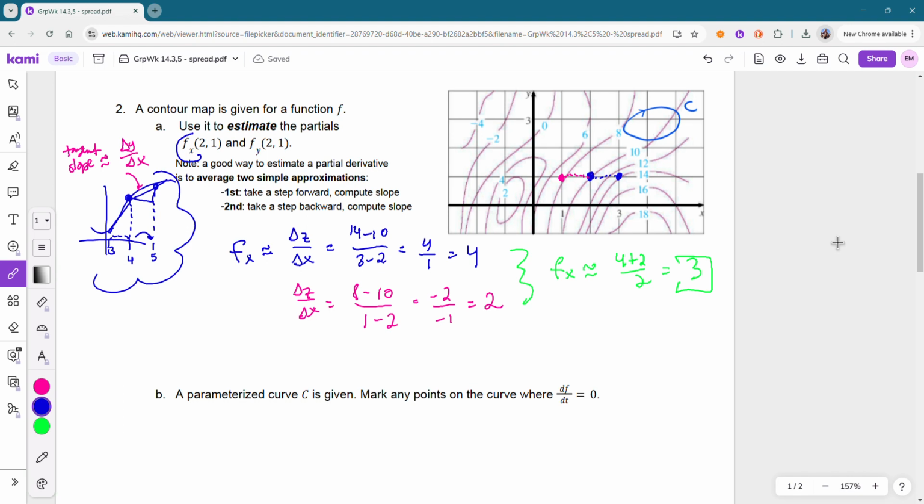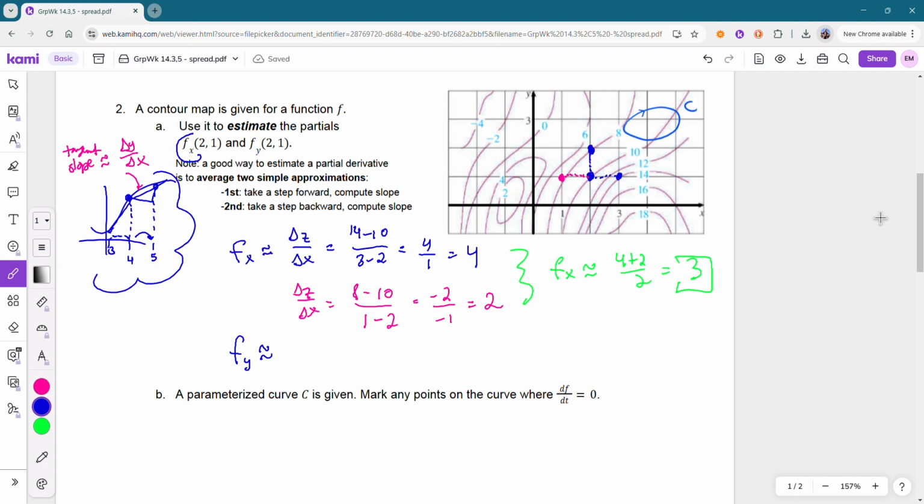Now, if we want to play this similar game for approximating f_y, instead of moving in the x direction, we're going to be moving in the y direction. And so here, if we come up in the positive y direction from our point, and I'll make a fat point, we'll say that there we got the z value 8, and down here we have the z value 10, right?